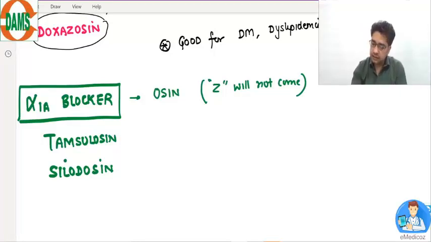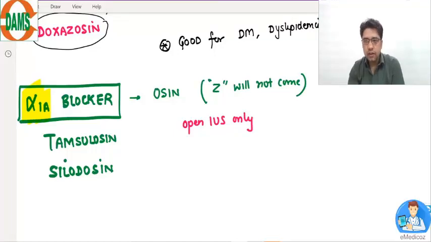Can we say that they will dilate only the IUS? They have no effect on blood pressure. Do you agree with this part?